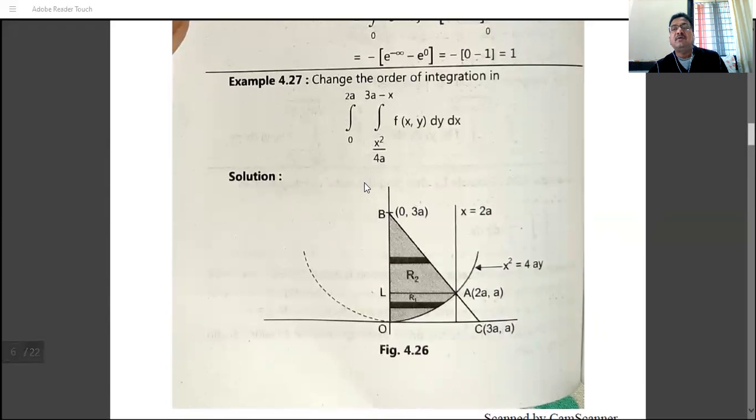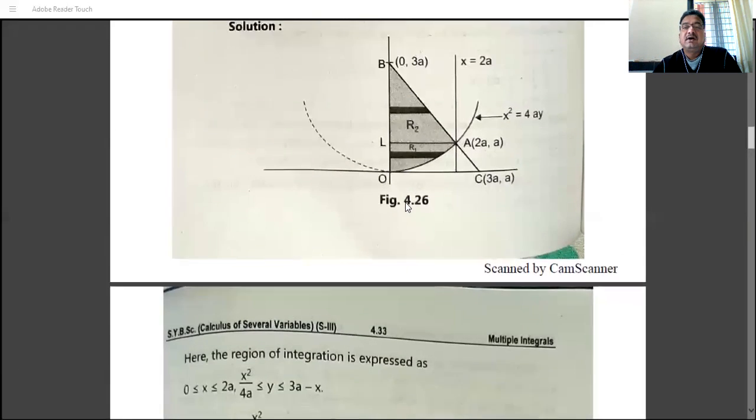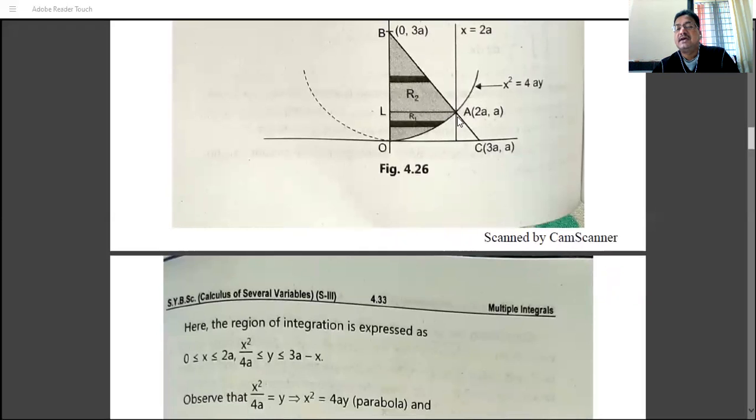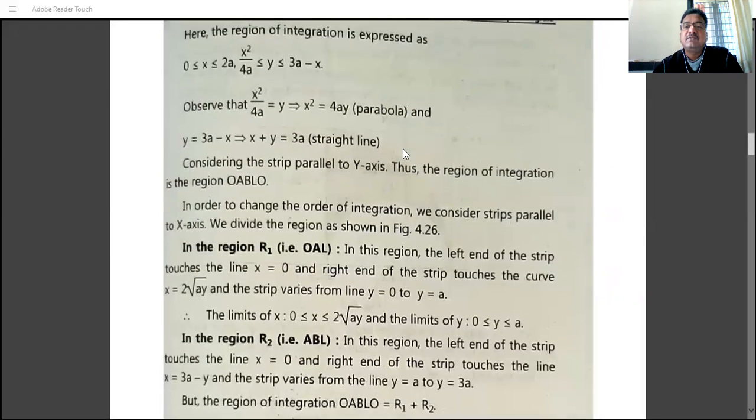These are different from the previous lecture. We have to divide the region of integration into either 2 parts or 3 parts, because one end of the strip touches different curves in covering the region of integration. So draw this line LA parallel to the x-axis, and divide the region into 2 parts, R1 and R2.